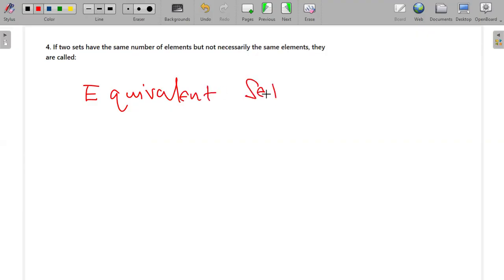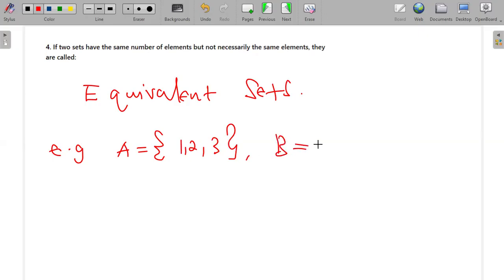For example, let A be the set that contains 1, 2, and 3, and let set B be the set that contains A, B, and C. We see that these two sets have the same number of elements, but the elements contained in them are not necessarily equal. So we say A is equivalent to B. Two sets can only be equal if they contain the same number of elements and the exact same elements.